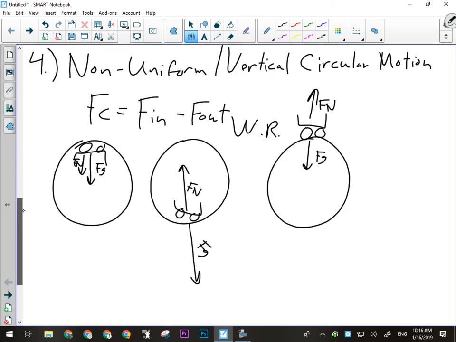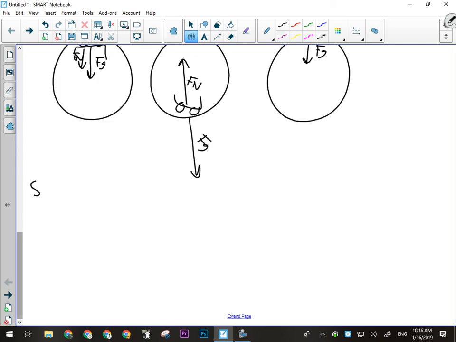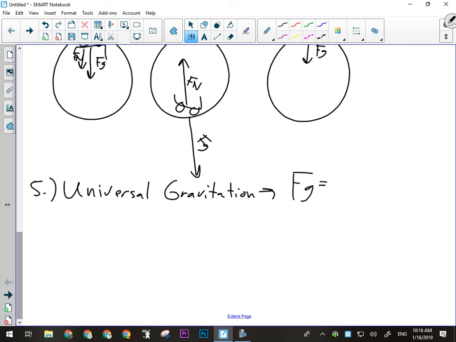That was 4, right? The next thing we talked about, universal gravitation. The force of gravity is influenced by the universal gravitational constant, the mass of the two objects that are interacting, and their separation distance squared.